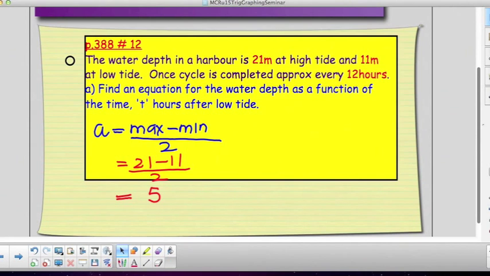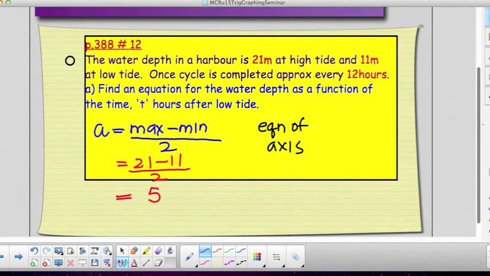Now the equation of your axis also corresponds to my vertical shift, because if my axis of symmetry is originally at y equals 0, whatever my equation of axis is now, if it's down, negative, or positive up, it is going to be the new vertical transformation. This is 21 plus 11 divided by 2, which gives me 32 divided by 2, which gives me a value of positive 16.